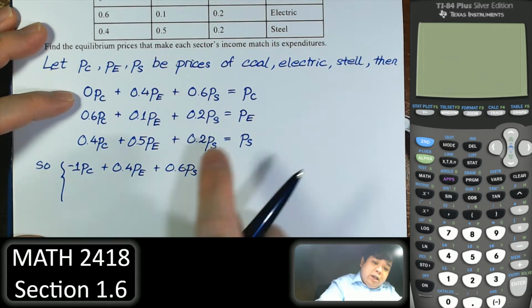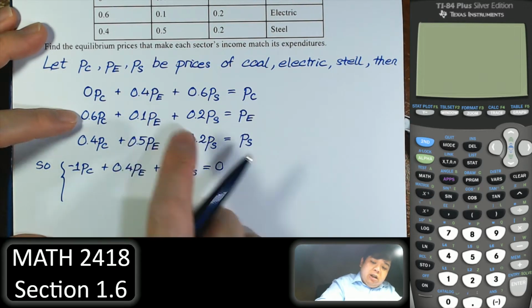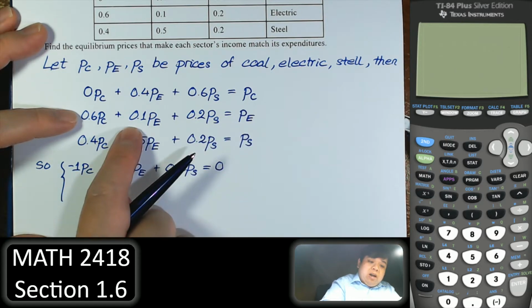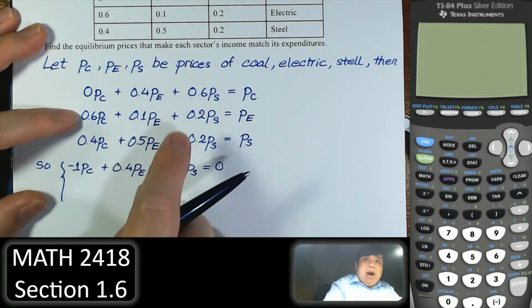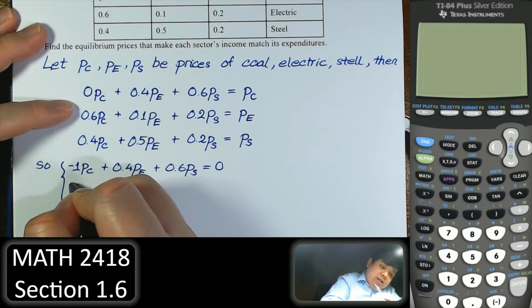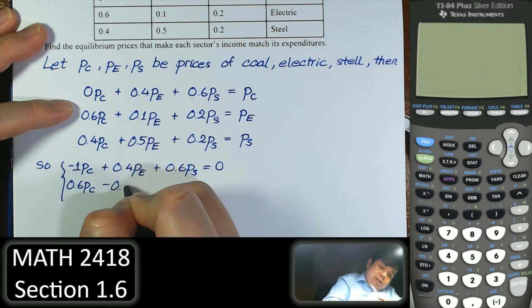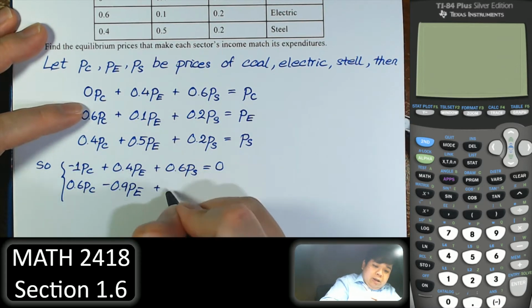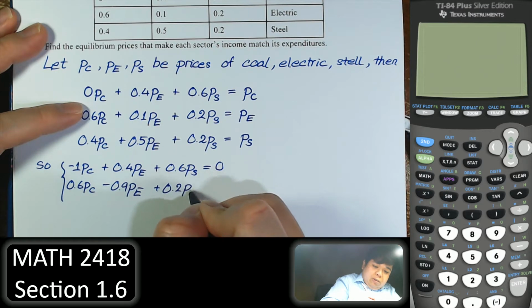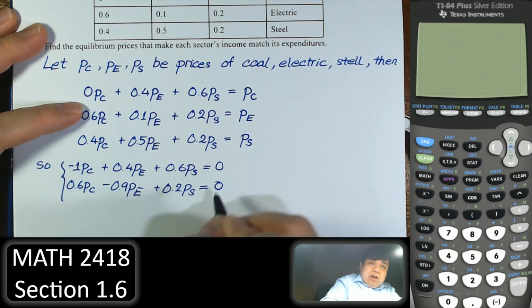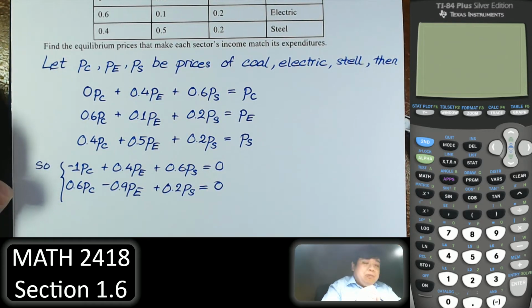Second equation, subtract PE on the other side, so 0.1 minus 1 is -0.9 here, plus 0.2 PS, and because that equals 0, we do have the homogeneous system.